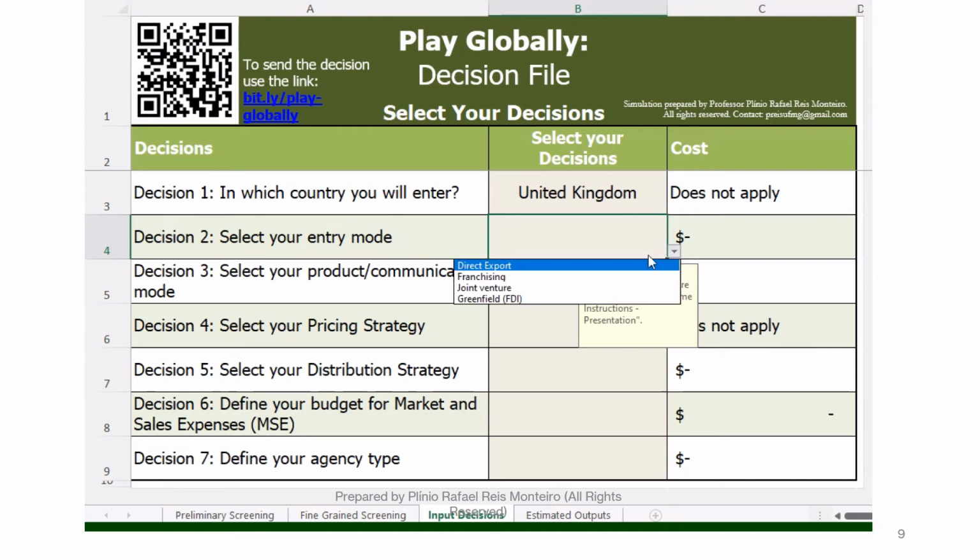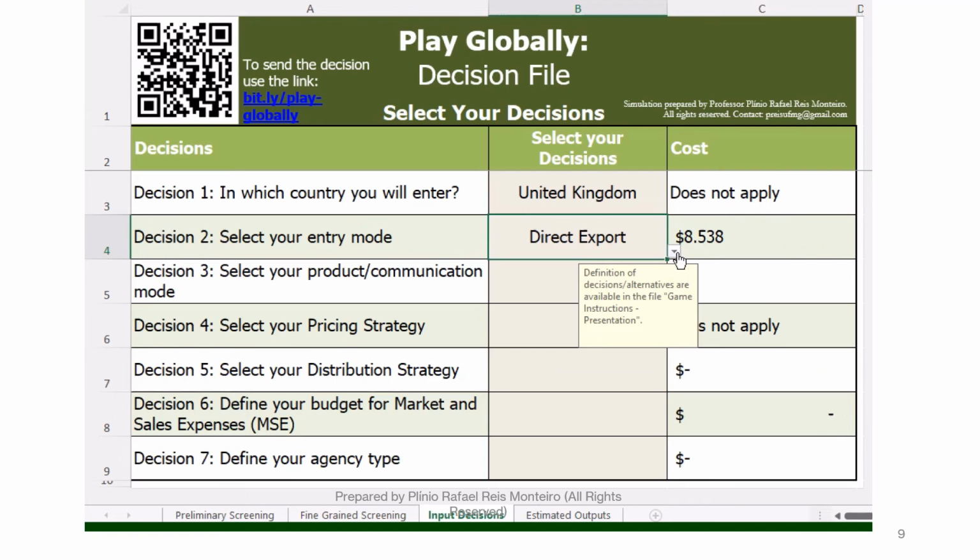So for instance, let's try the first one, direct export. If I select direct export, I'm basically trying to sell my products there, and as you can see, the estimated cost for doing that is about $8,500 to operate this approach.